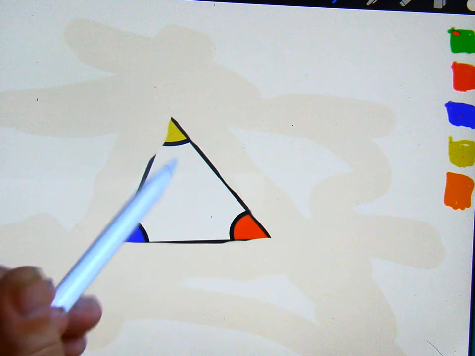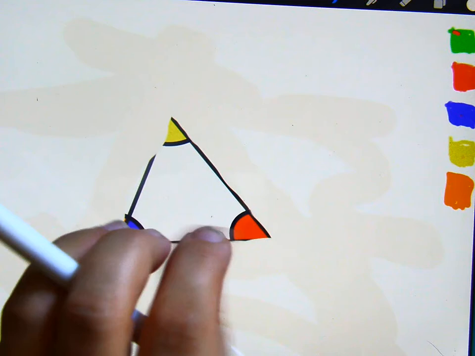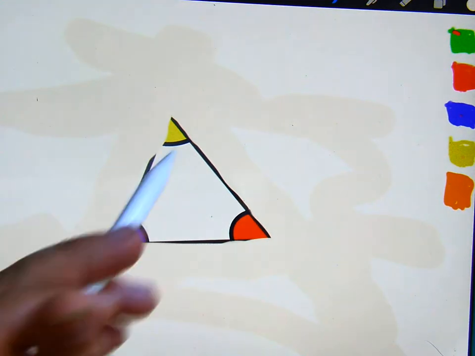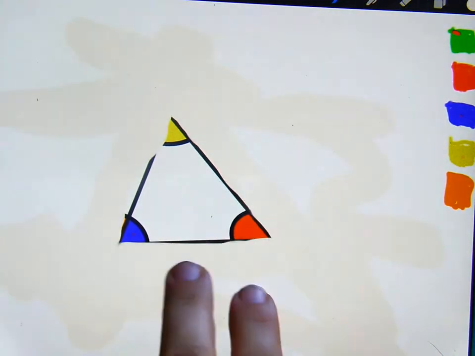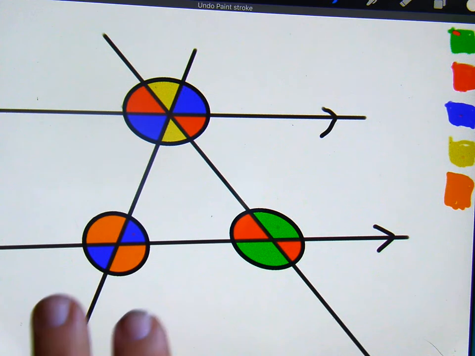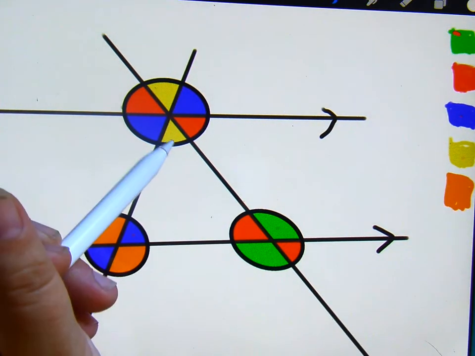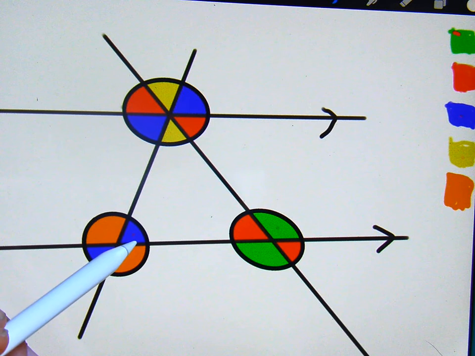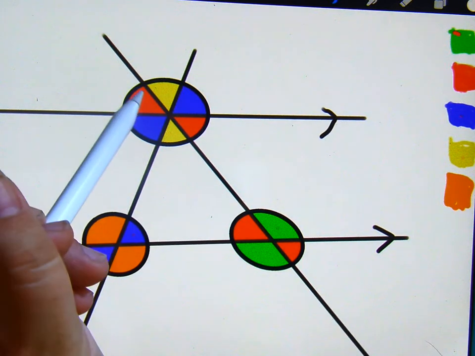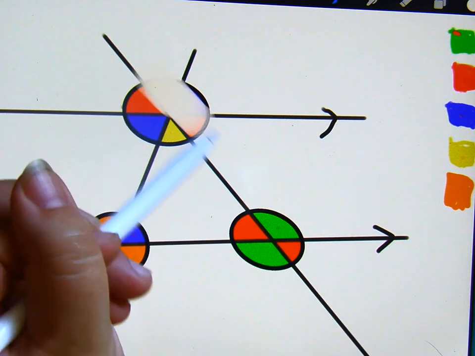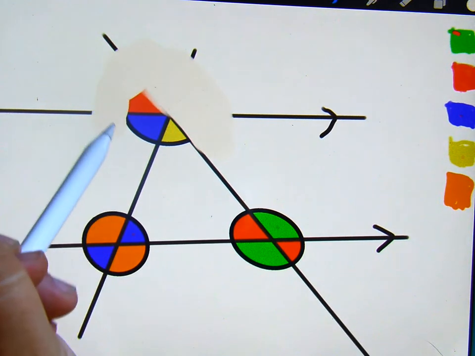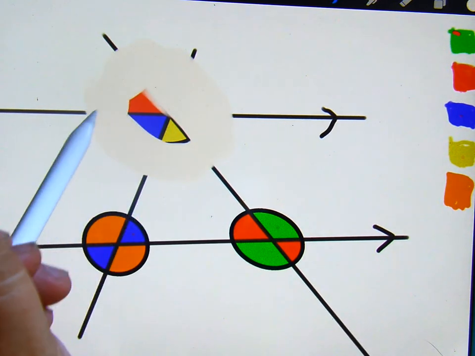And those add up, no matter how I move those, to equal the sum of that triangle. Okay? Well, what else do we notice here? That we have yellow, red, and blue. If I come and look up here, red, yellow, and blue form a straight line.